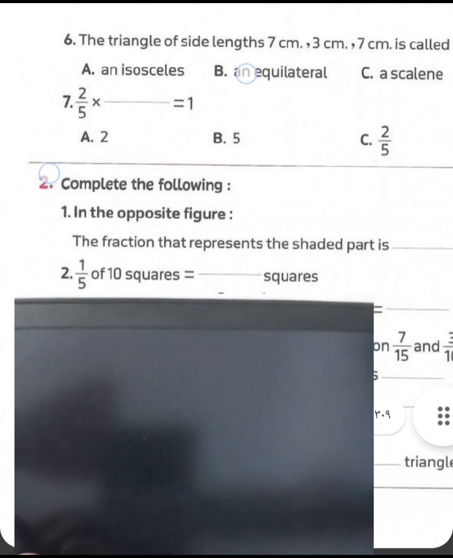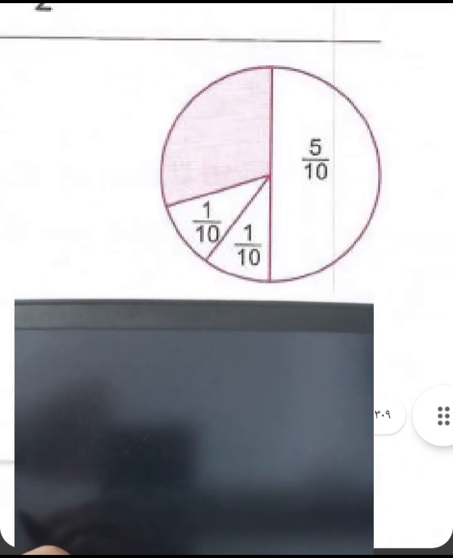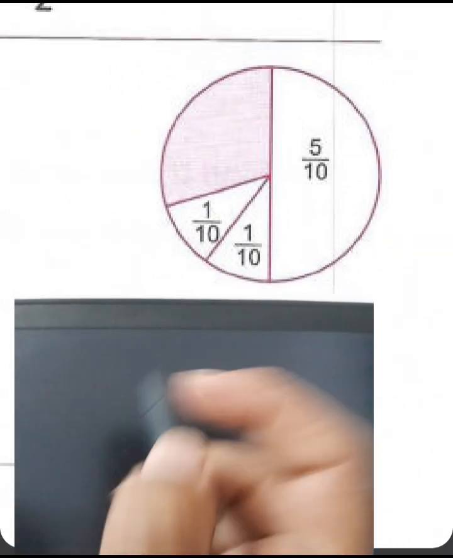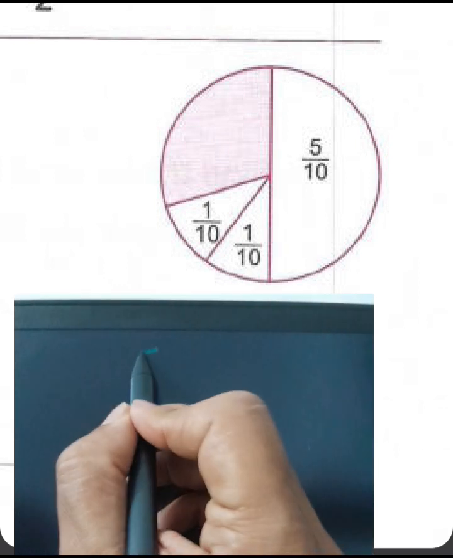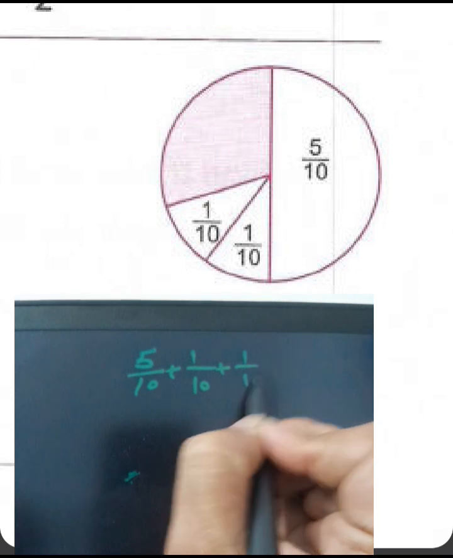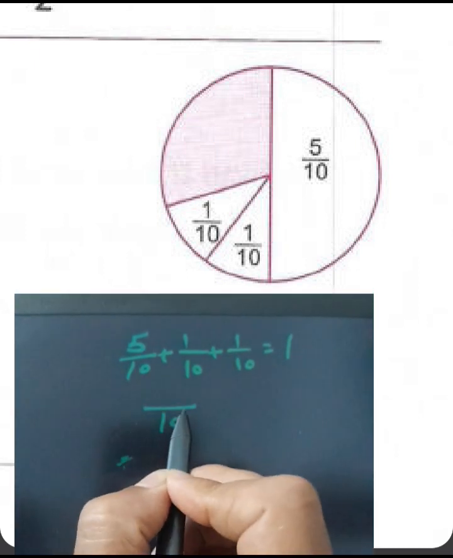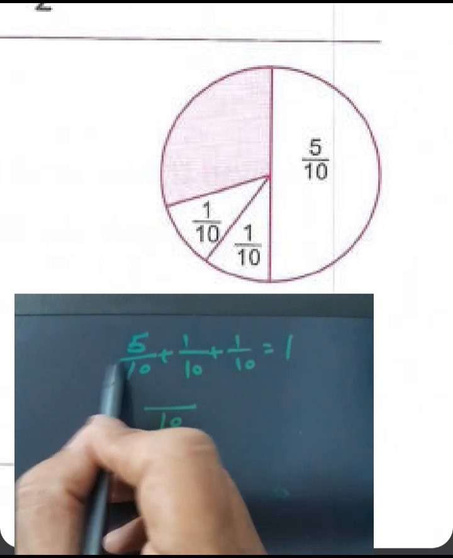Question number 2. Complete the following. The fraction represents the shaded part here. We have 5 over 10 plus 1 over 10 plus 1 over 10, and the whole is 10 tenths.